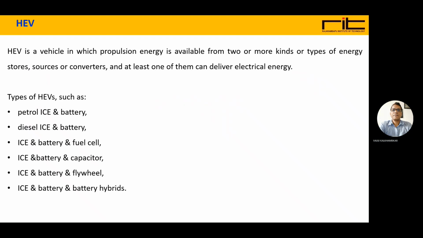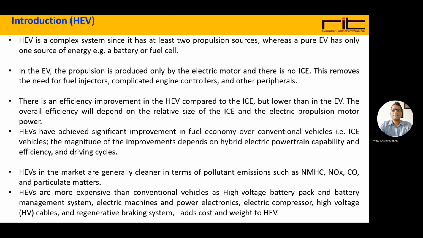Thus, there are two or more types of sources, especially IC engine based propulsion and electrical based energy source, that is one motor and the supply system. Hybrid electric vehicle system is complex. It has at least two propulsion sources as we have discussed.